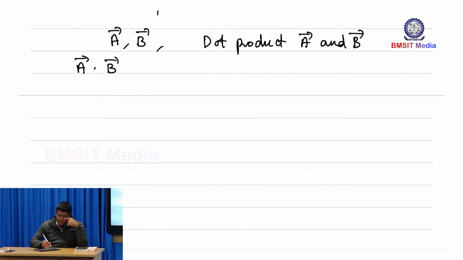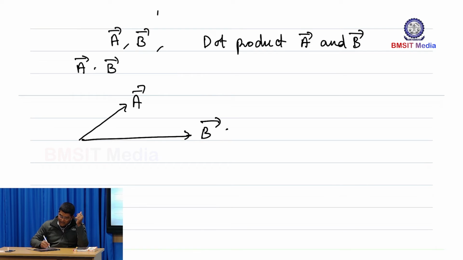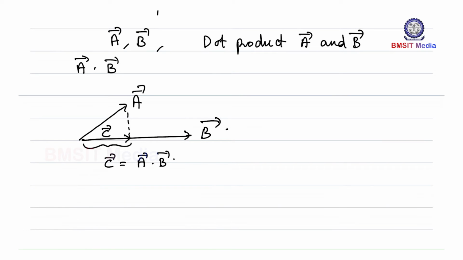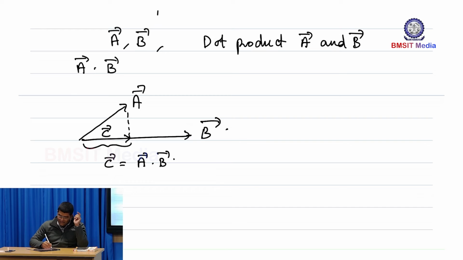For example, if I consider this is vector A and this is vector B, the dot product will basically give you a new vector, this vector. Suppose this is vector C, then C is nothing but vector A dot vector B. Let us assume the angle between A and B is theta.